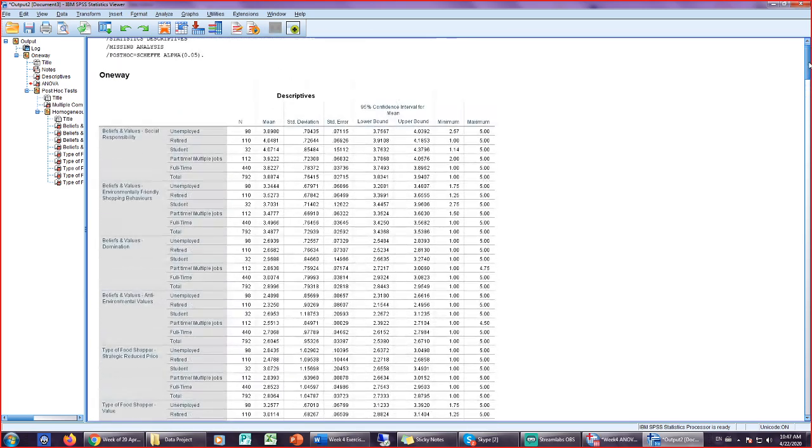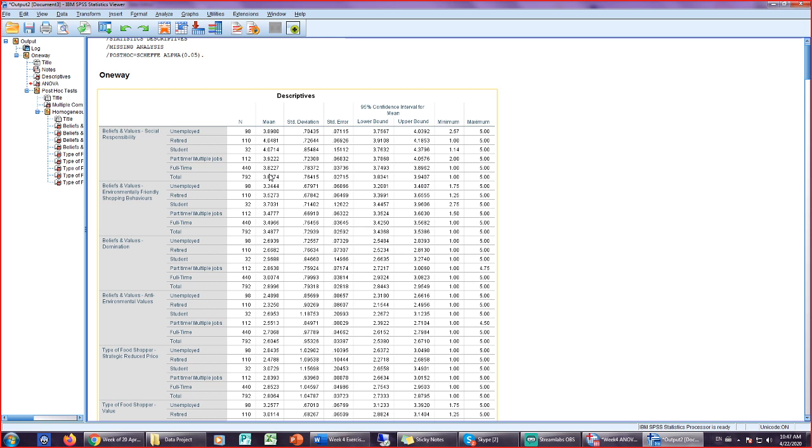So if we went up here, since we know that social responsibility is different, we can take a look at this second column, the mean column, which is on a scale of 1 to 5, how much did people identify with values of social responsibility?